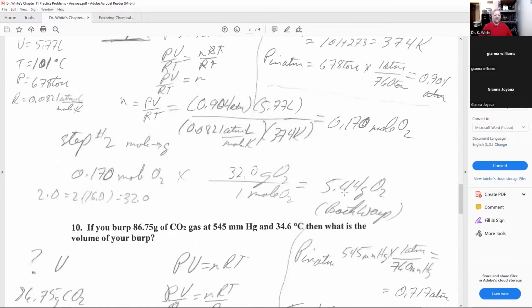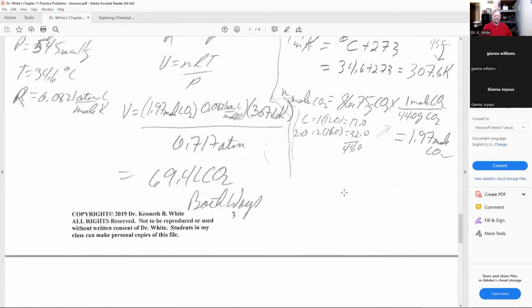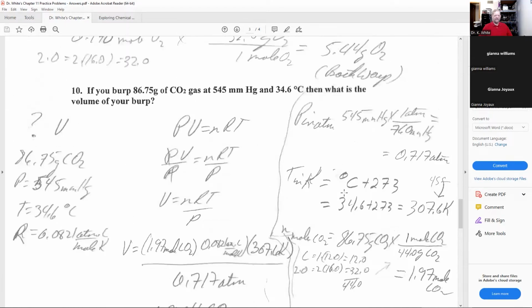Let's skip number 9 and let's go to 10. If you burp, and this is going to be a monster burp, 6.75 grams of CO2 at 545 millimeters of mercury at 34.6 degrees C, then what is the volume of your burp?